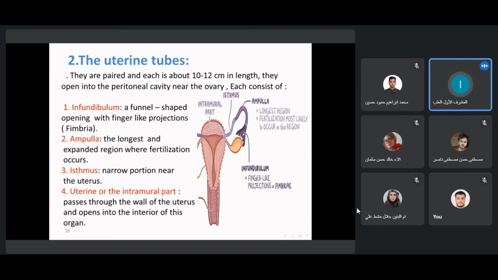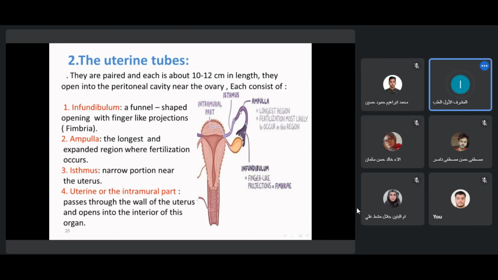The infundibulum has these small finger-like projections called the fimbriae. These finger-like projections are important because they help the uterine tube to pick up the oocyte that is released from the ovary, and then transport the oocyte further through the uterine tubes until it reaches the uterus.